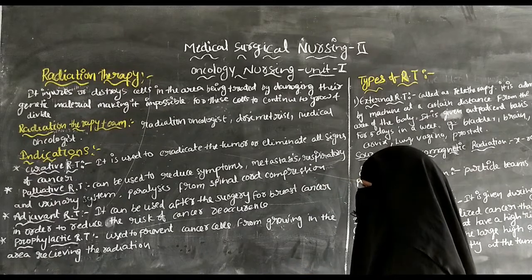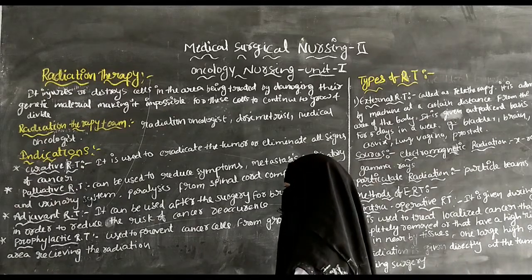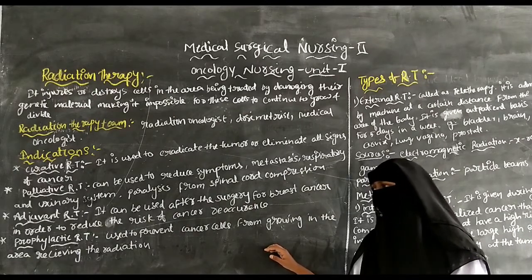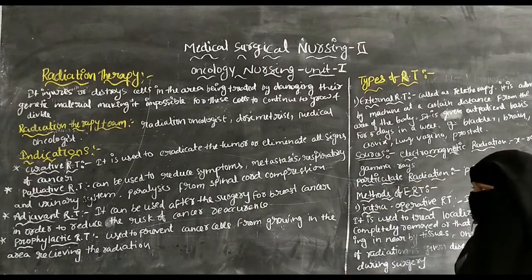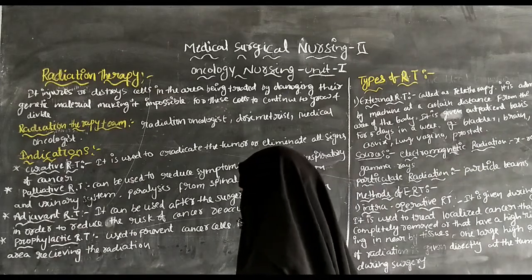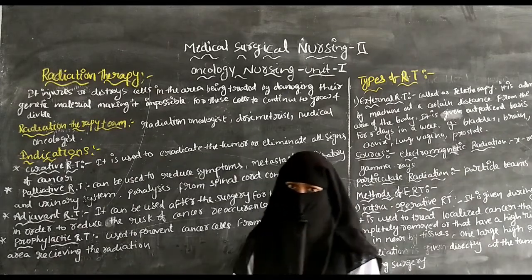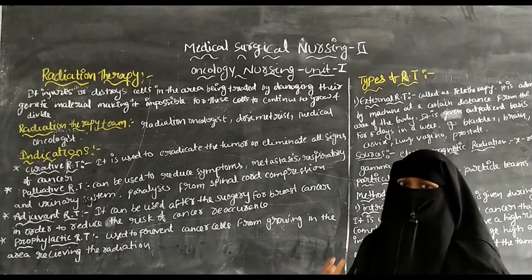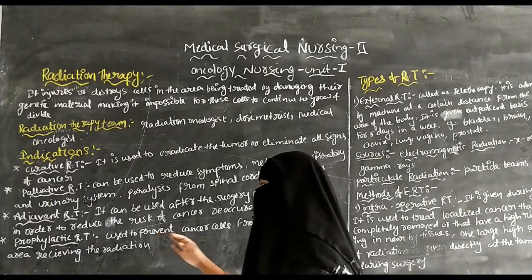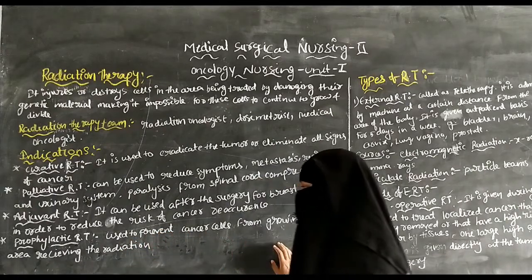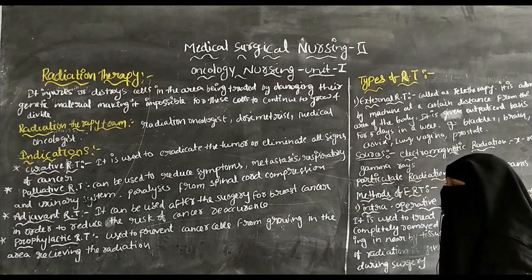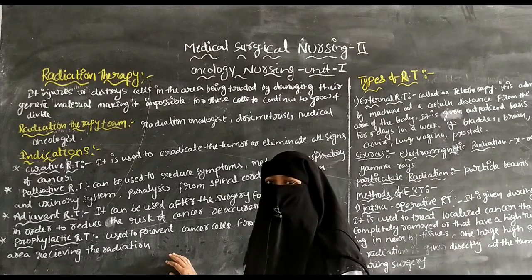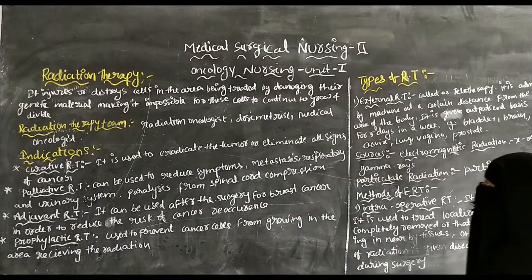While giving the radiation, the growth of cancer cells has to be decreased. This can be prevented by prophylactic radiation therapy, which prevents cancer cells from growing in the area receiving the radiation.